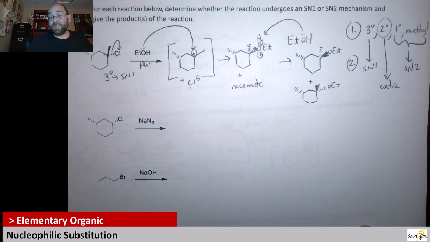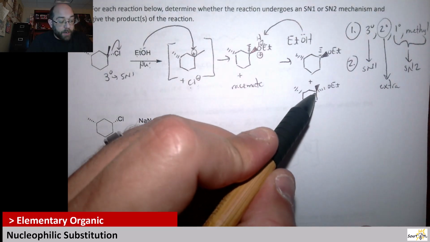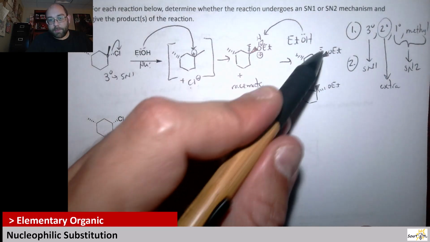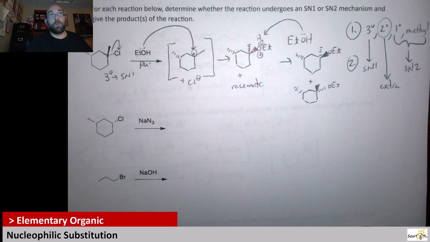So you would have this racemic mixture of diastereomers. Okay, that's always a problem with SN1. You have to consider if you're going to have two different products. And since we did create a new chiral center here in our product, we are going to have this option of a racemic mixture of something, whether it's enantiomers or diastereomers.